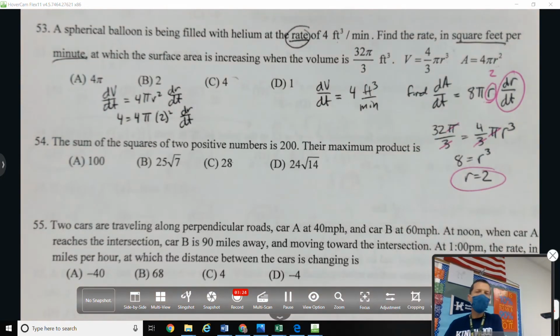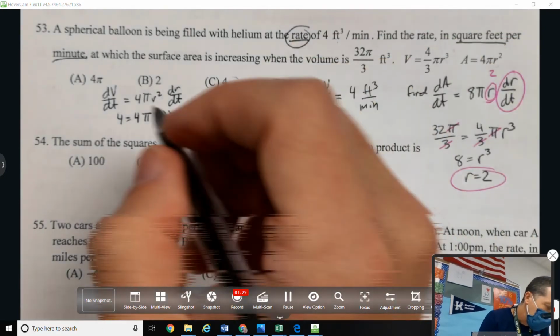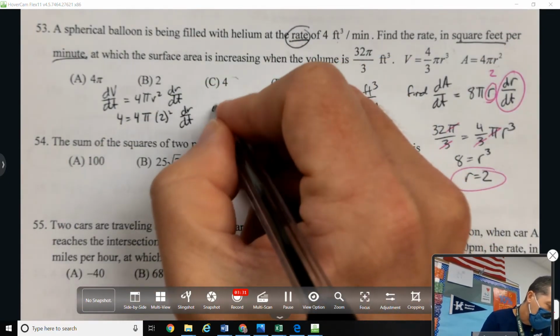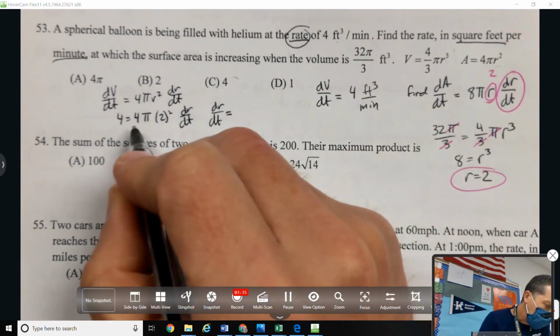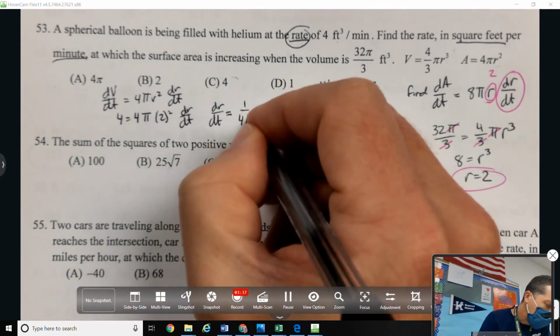So we can figure out what dr/dt is. See, the 4's would cancel. dr/dt would be 1 over 4 pi.